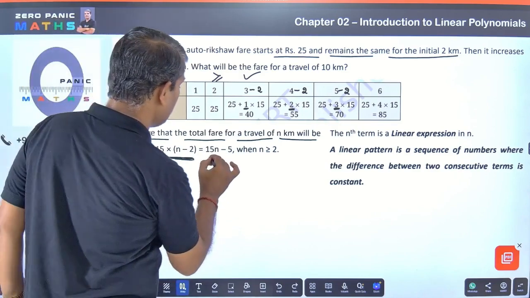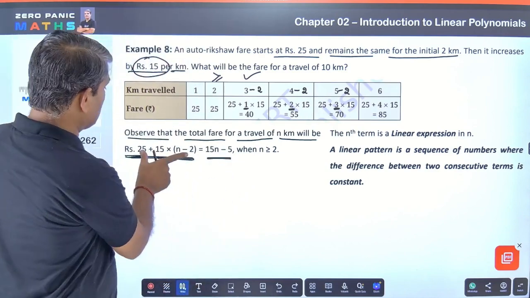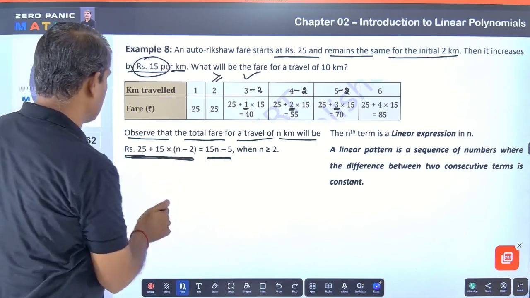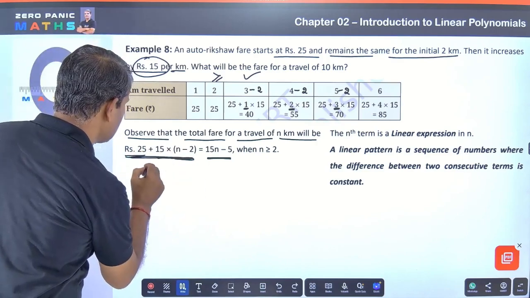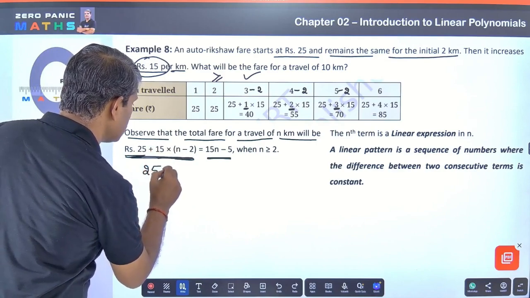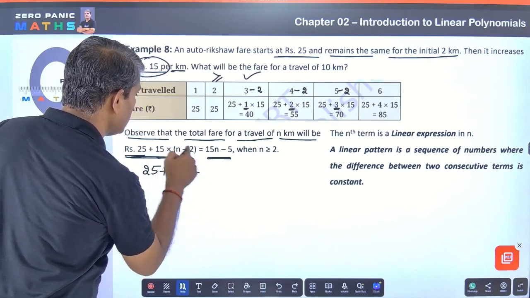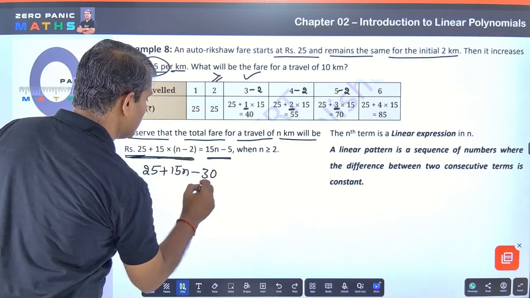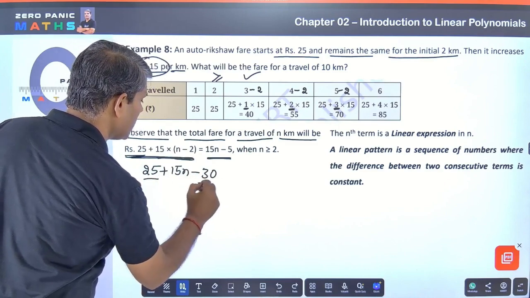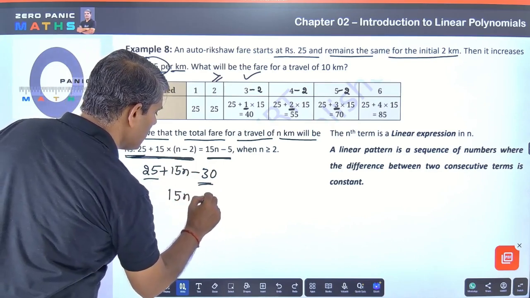Now, how did we get 15n minus 5? By resolving this equation. Let us resolve that equation quickly. It is 25 plus 15 into n, that is 15n, minus 15 into 2, that is 30. So 25 minus 30 remains as minus 5, and we get 15n minus 5.